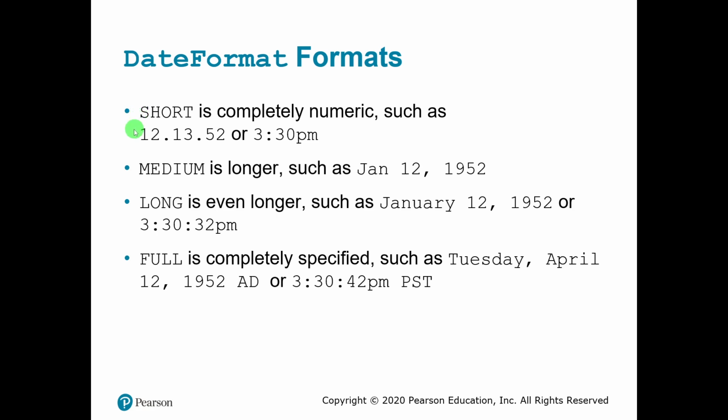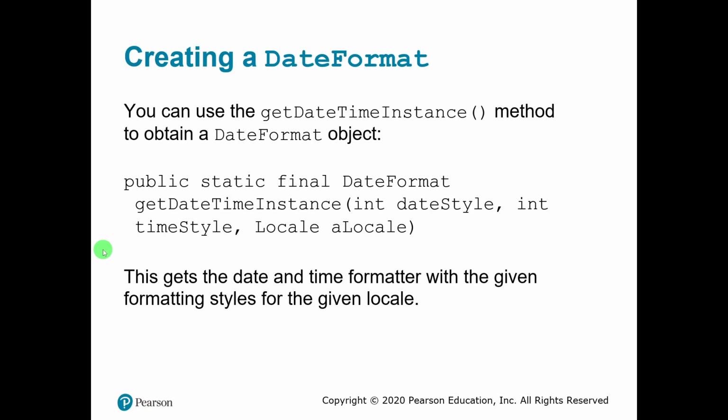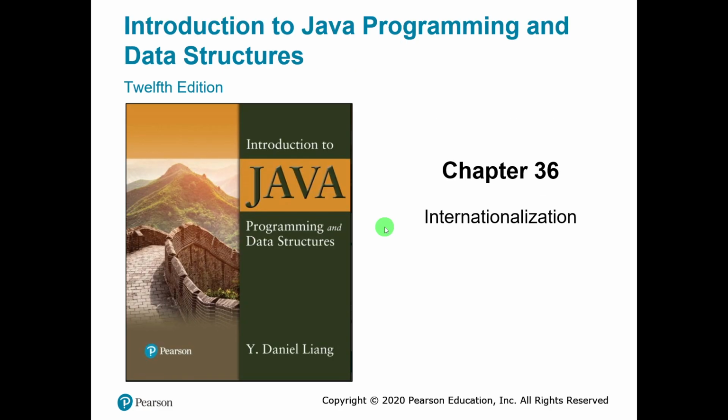Again, these were examples, I believe, using English in the United States. To get a date format, we create a date formatter. Here's an example of one, creating a date format, get date time instance, and they're specifying, following after that, the date style, the time style, and the locale. And we'll see examples of that being used in the next video.